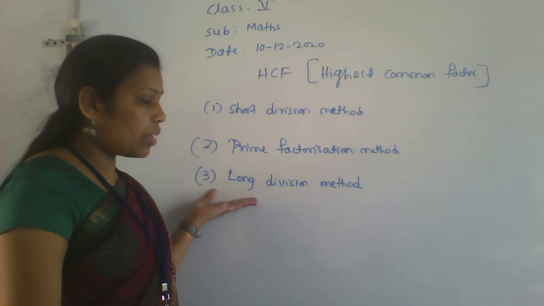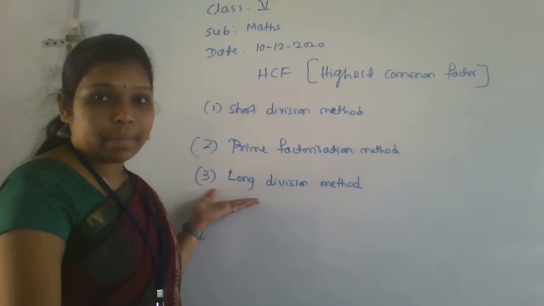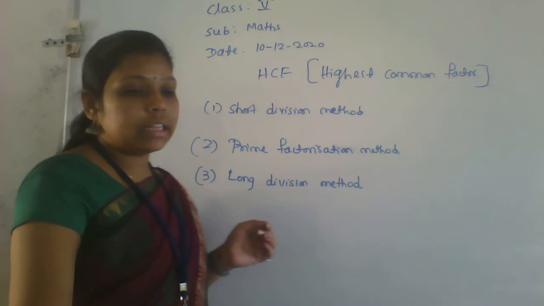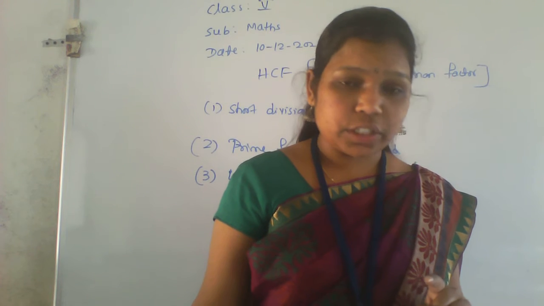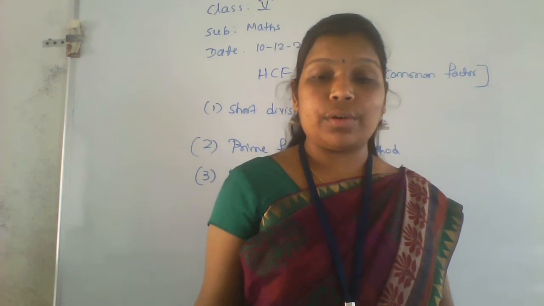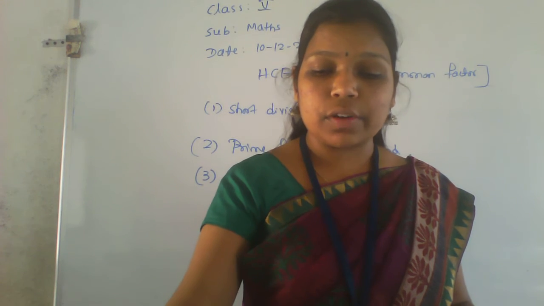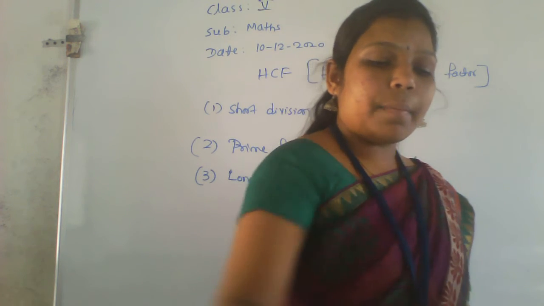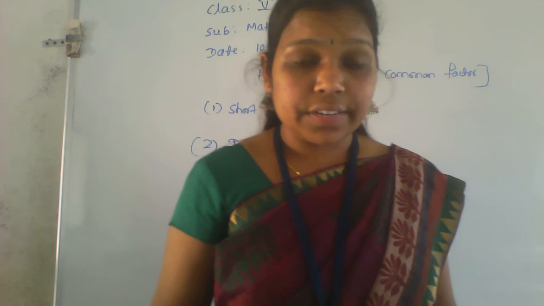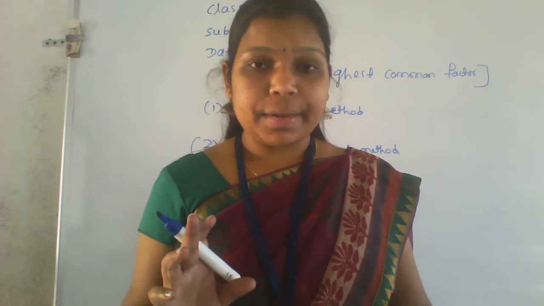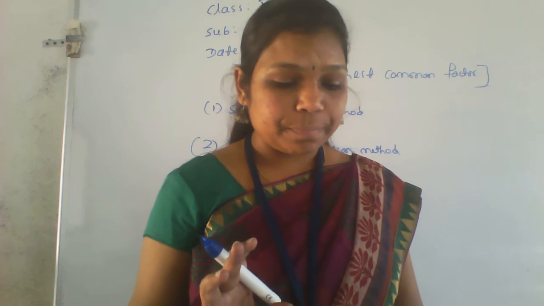Third one is the long division method here. Okay. In this, first we'll see the short division method. Page number 60, they have given a method here. Everyone open your textbook, you will come to know that one. Okay. Method of finding HCF. That first one is the short division method. Step 1, page number 60, you have to open here.